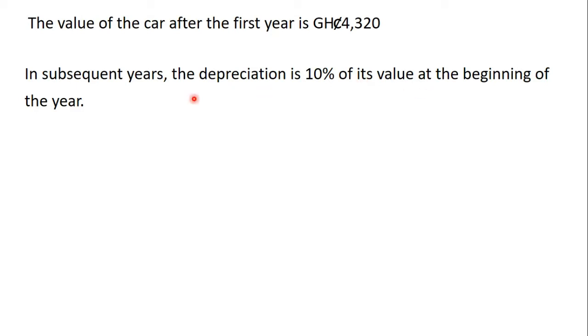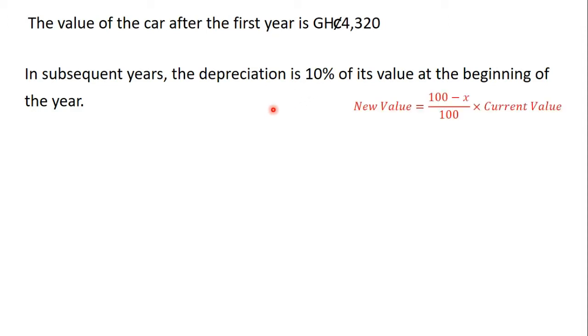The question goes on to tell us that in the subsequent years, the depreciation is 10% of its value at the beginning of the year. We have calculated the value of the car after the first year and we got 4,320 Ghana cedis. What this statement means is that at the end of the second year, we are going to reduce this value here by 10%. For the first year, we reduce it by 20%, but for the second year and the years that follow it, we are going to reduce the value by 10%.